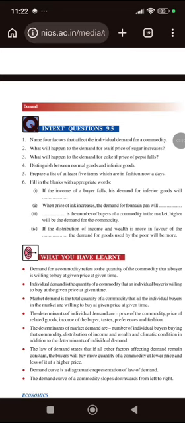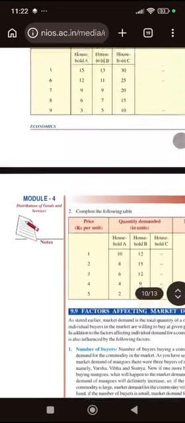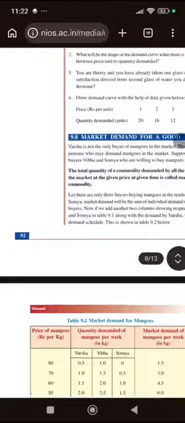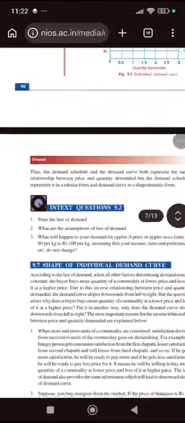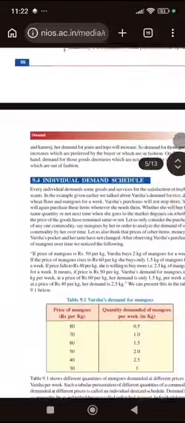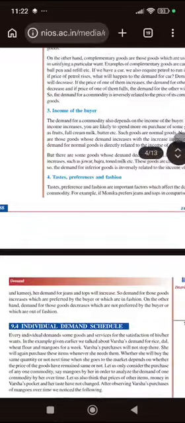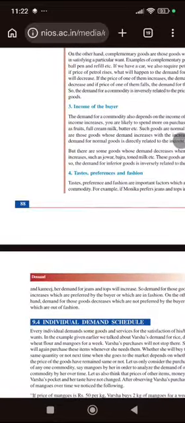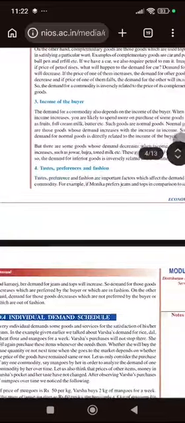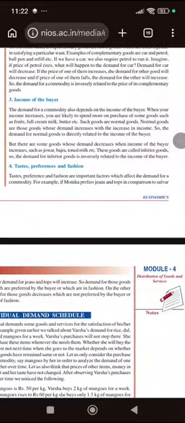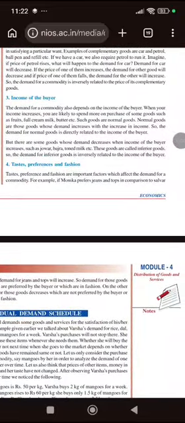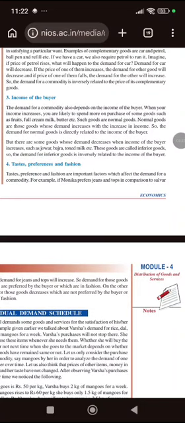Distinguish between normal goods and inferior goods. That is question 4. So, what are inferior goods? What are normal goods? So, the answer to that is here in paragraph 3 on page 88. It says, the demand for commodity also depends on the income of the buyer.